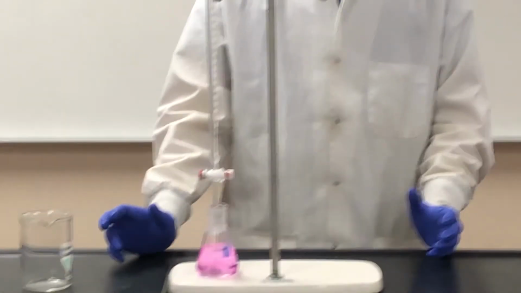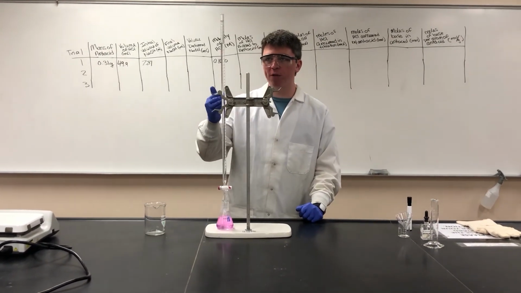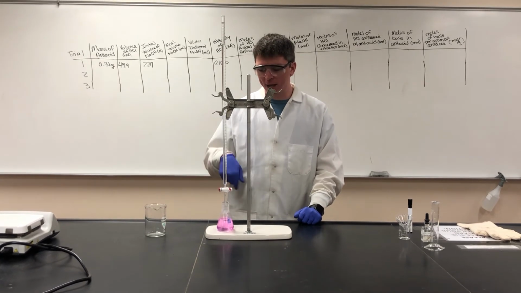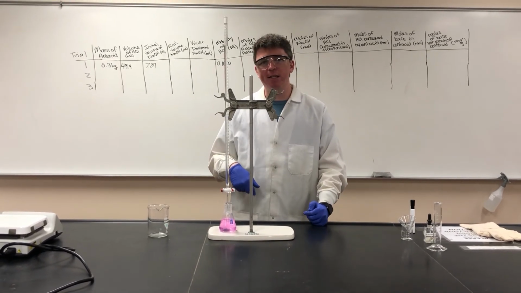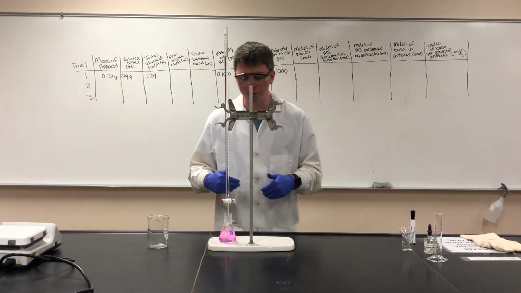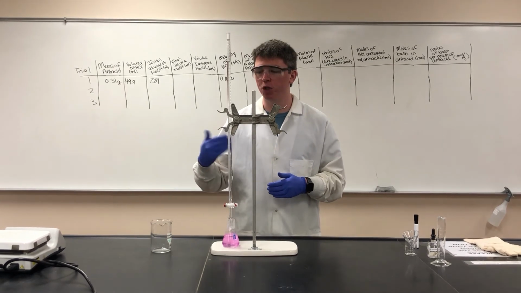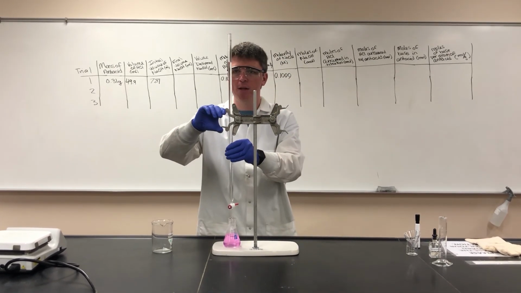If you weren't sure if it was pale enough, then you could always record this volume, add a drop. If it gets a little more pink, then go ahead and use your new volume. If it doesn't get more pink, then you were already over your endpoint. You would just use the volume you had.